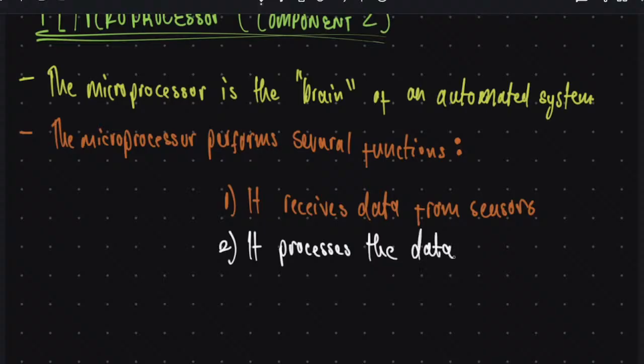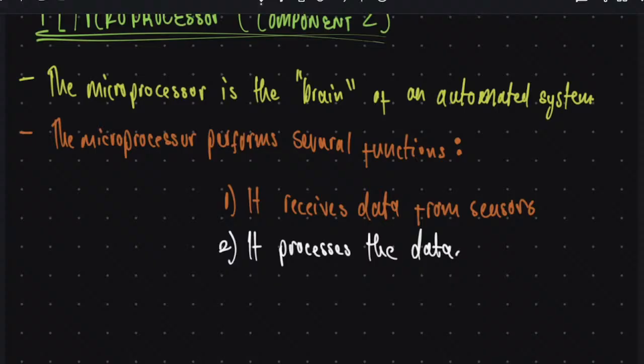It checks what the sensor is telling it. How does it understand what the sensor is telling us? It compares with what you told it. You as a programmer told it, if the temperature is above 30 degrees, it's high.